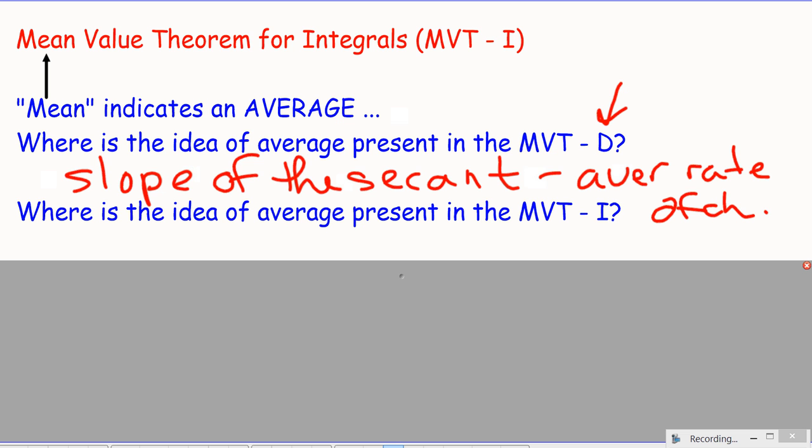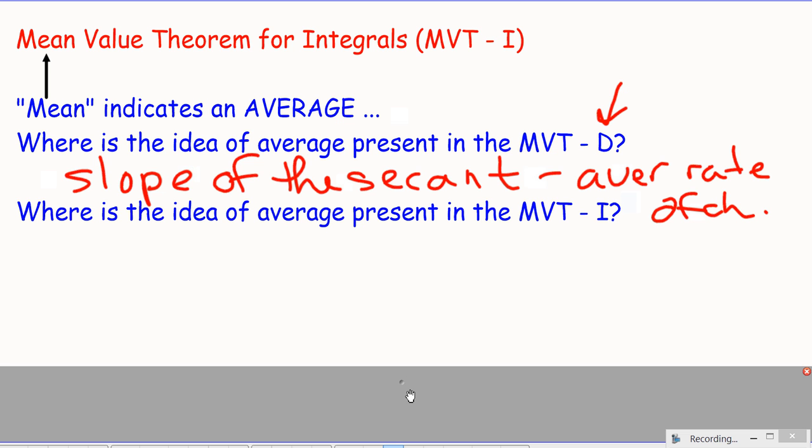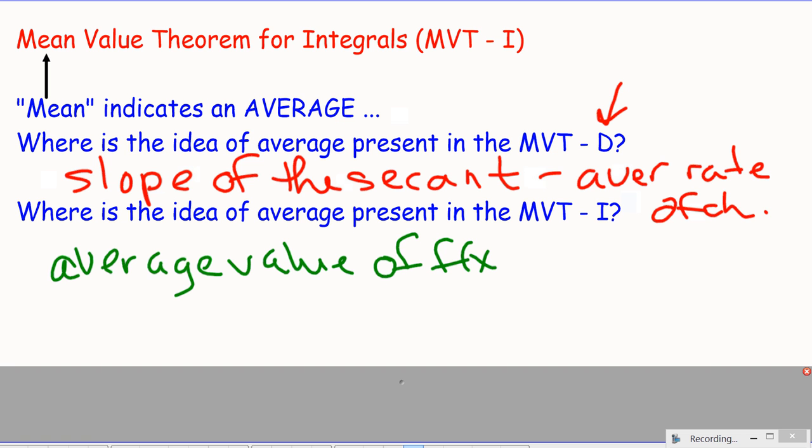Okay, so the idea of average that's present in the mean value theorem for integrals is similar but different. It is the actual average value of the function over the interval. Average value of f of x, or whatever function, on some specific interval.